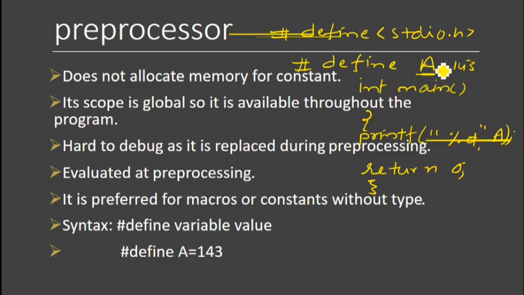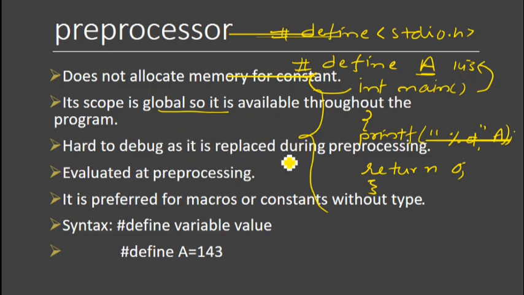So we cannot say it's a variable, it is a macro. Its scope is global because I am declaring #define before the main function. Are you getting me or not? Hence this a value will be available throughout the program, globally available as a equal to 143.